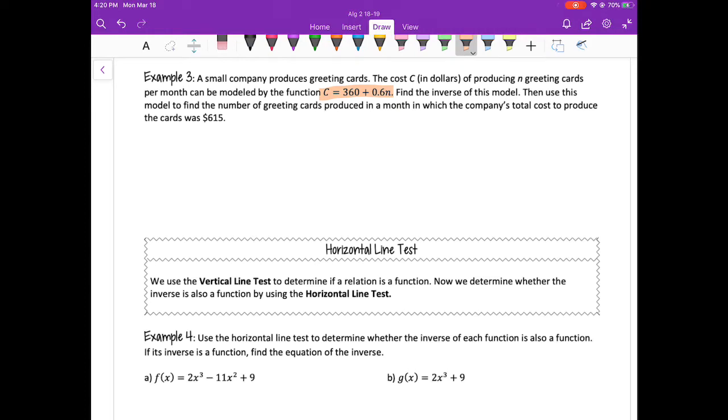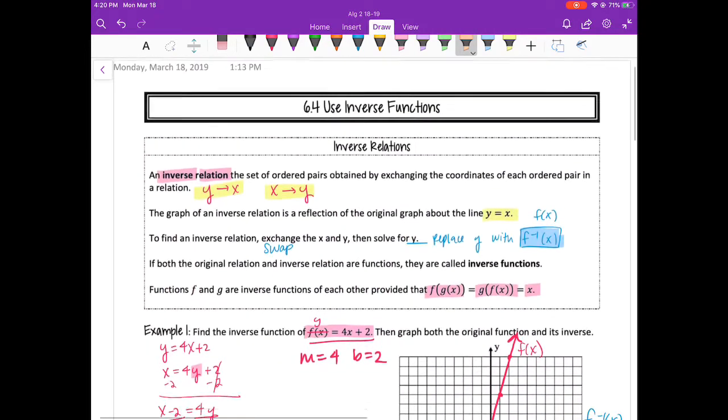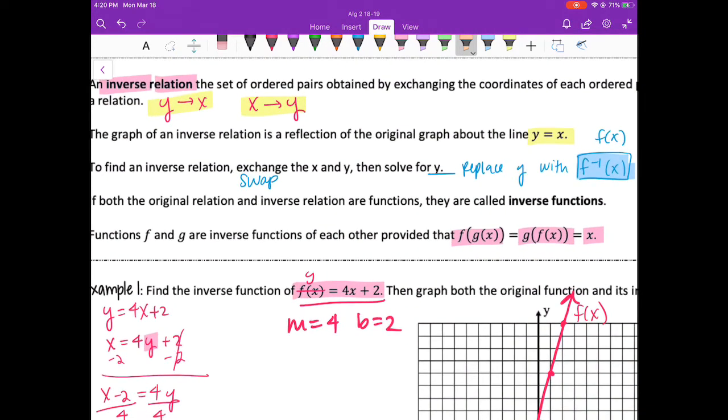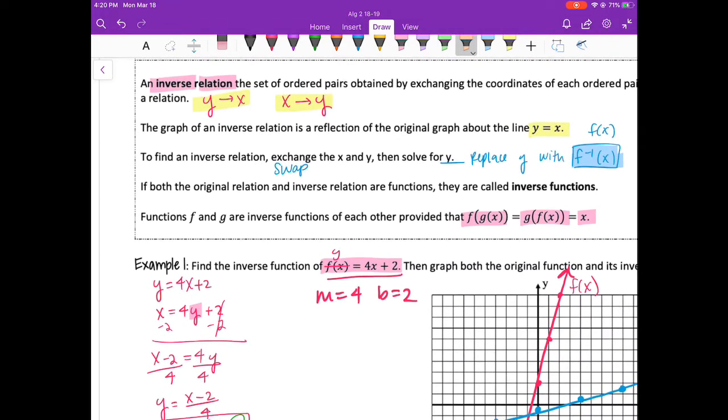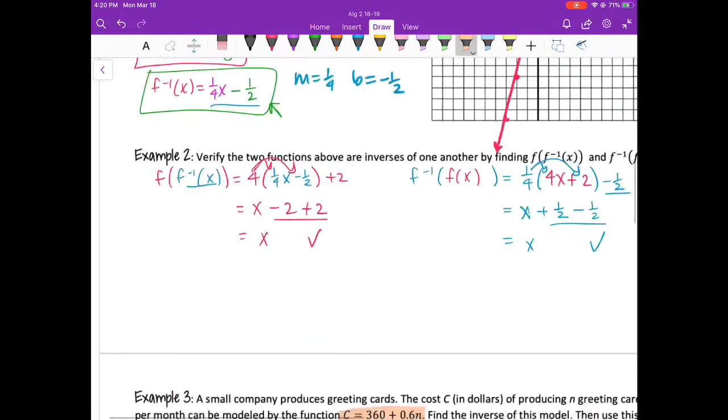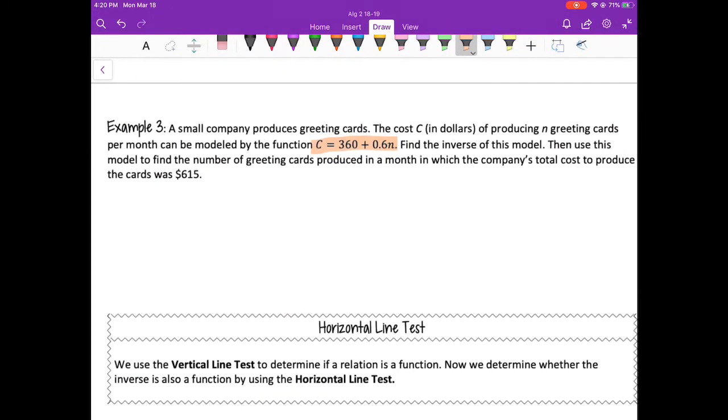Okay. Now, remember that when we find an inverse, we swap x and y and then solve for y. That's only because our x always is our input. However, when we have input and output variables that actually stand for real things, aka if you have a word problem, you can't just swap your x and y, or in this case, n and c.